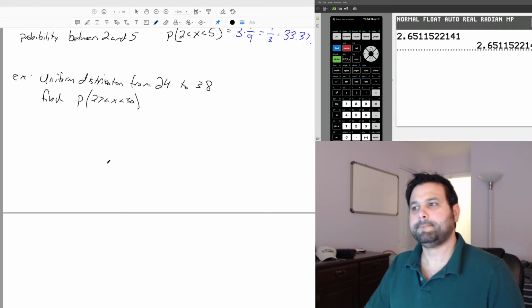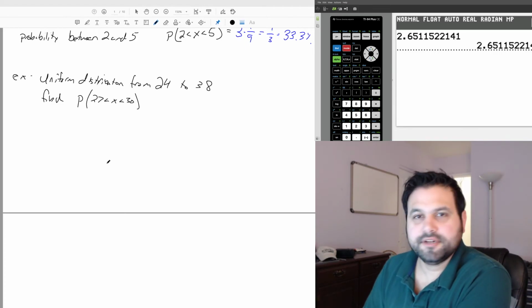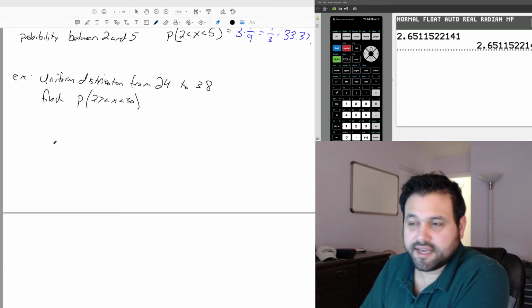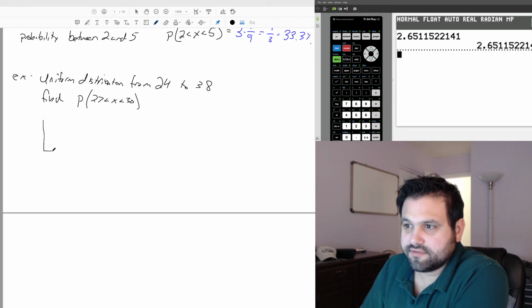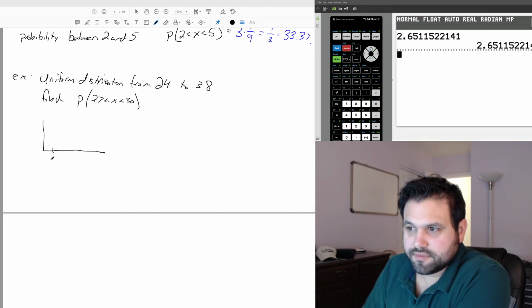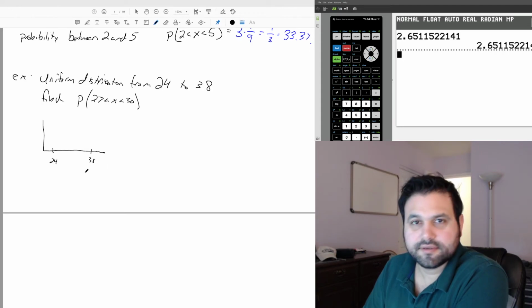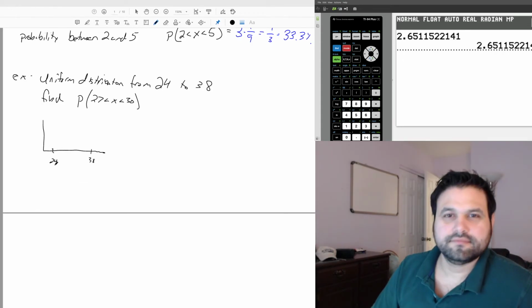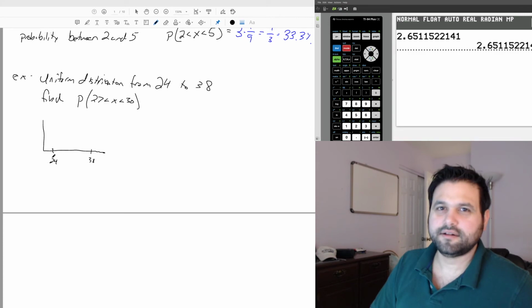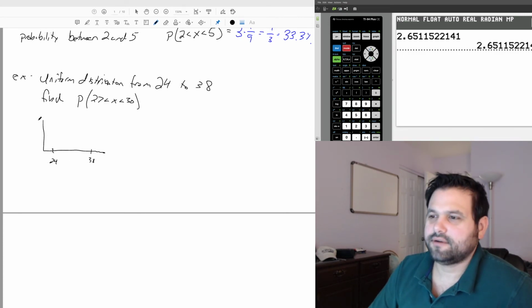Okay, so how are we going to do this? Well, like I said, the first thing I would do is I would try to draw this. So I'm going to just kind of make my axes, and I'm just going to put in some labels here. There's 24, there's 38. Okay, I'm not really concerned about the scale here. I just want to sketch this out.